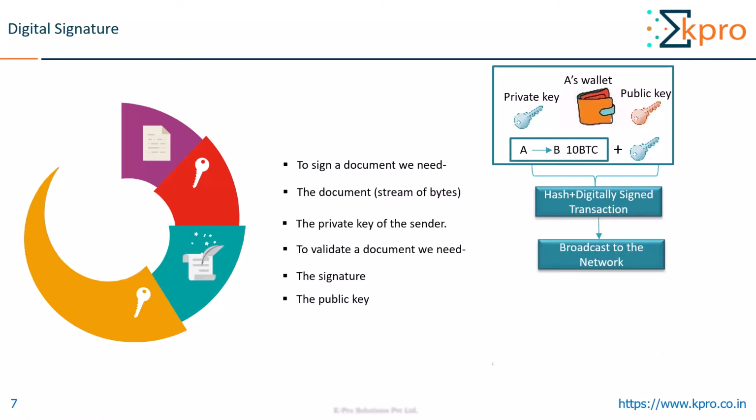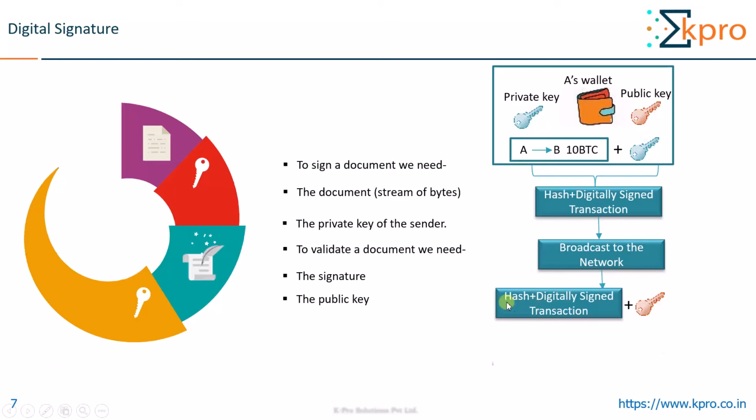When the transaction reaches B, he will extract the digital signature and decrypt it with the public key of A. He will also extract the original hash from the rest of the message.